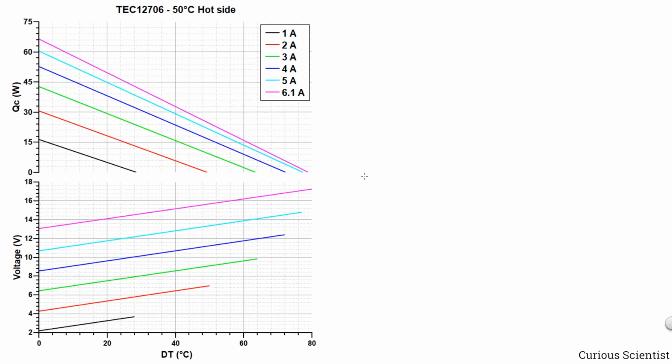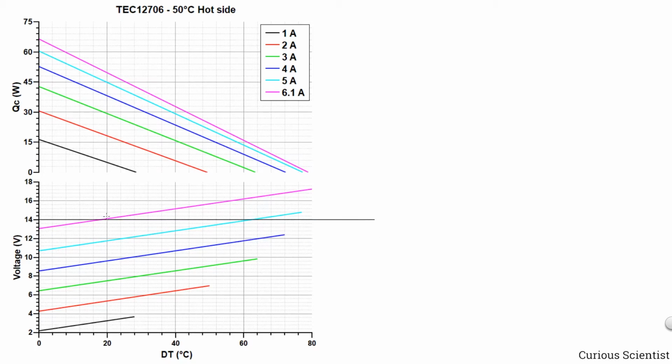So let's see what is the role of the different current values or different DT values. For example, let's say that we want to run our device at 14 volts. So we have a 14 volts power supply. Let's draw a horizontal line here at 14 volts.